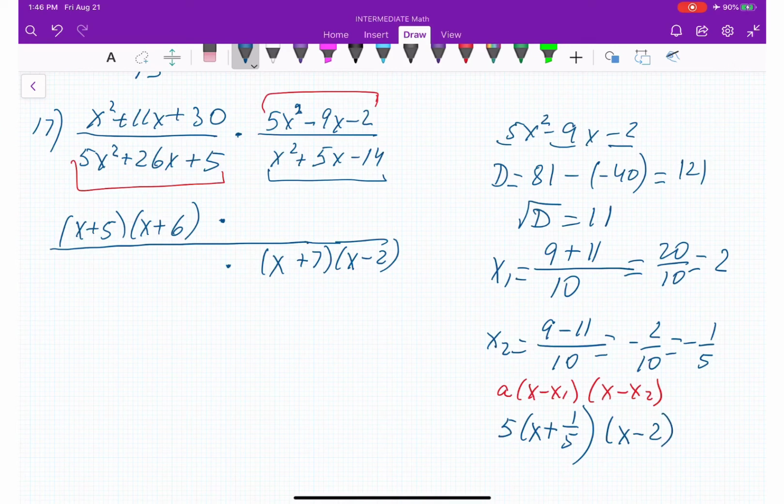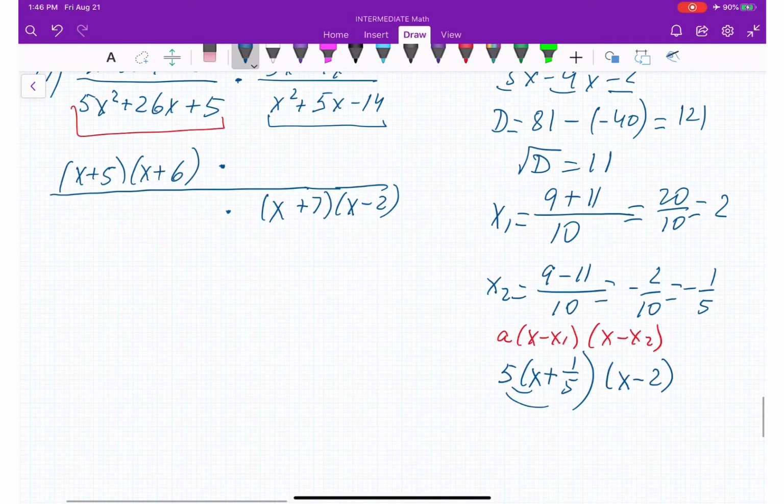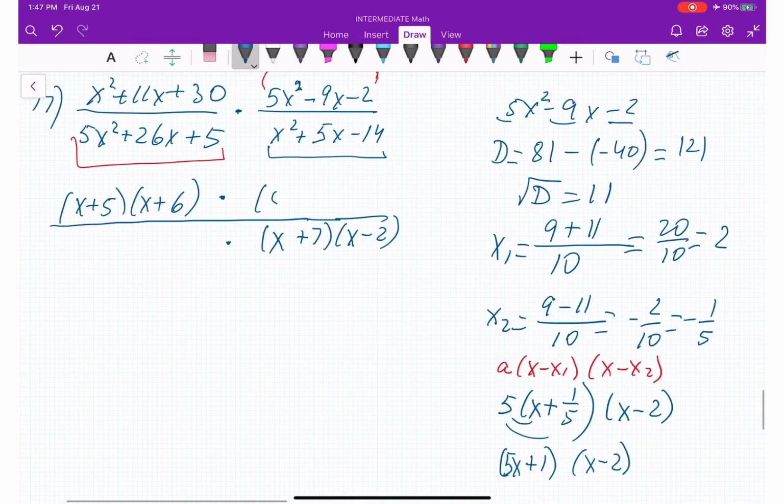So once I distribute the first one, I will get 5x plus 1 and x minus 2. Okay, moving here. 5x plus 1 and x minus 2.